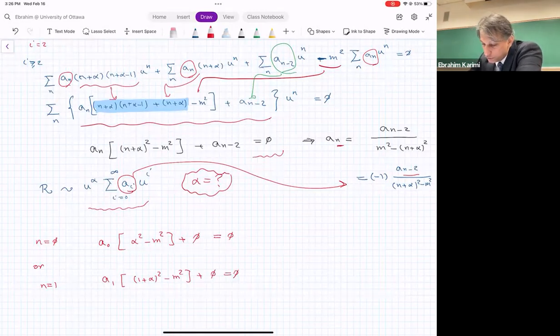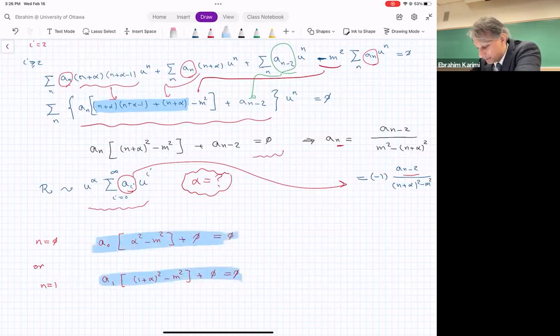We have one of these 2 conditions, either this for n equal to 0 or this for n equal to 1. These 2 equations will help us to understand what's going on with the alpha value.